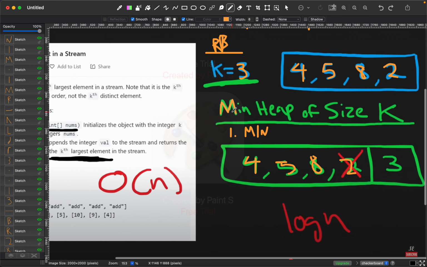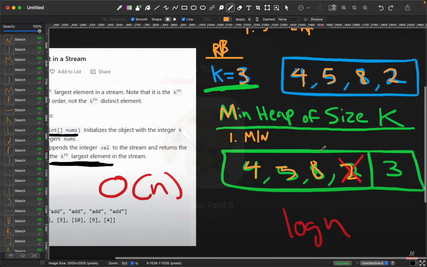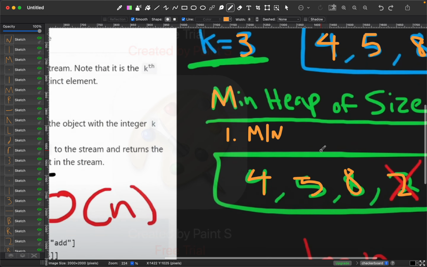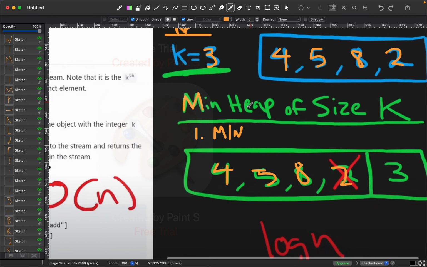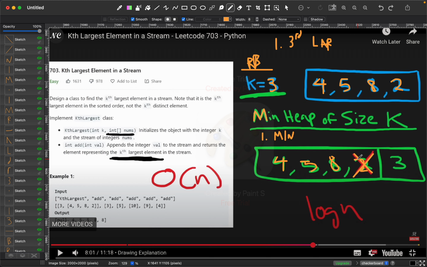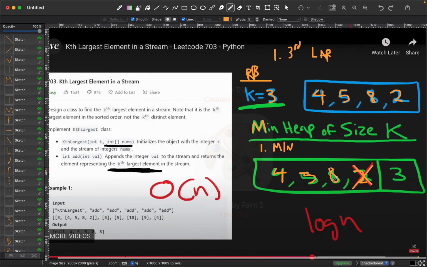So if I'm able to remove the min heap value, for this case a 2, what you actually realize is that among these numbers we are getting our third largest value in our min heap.